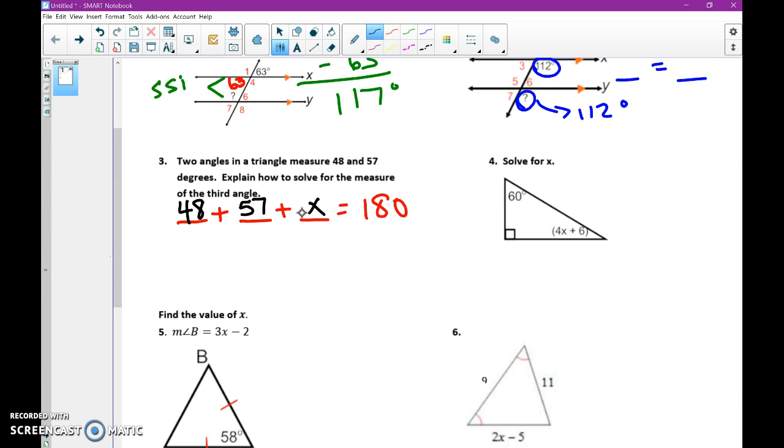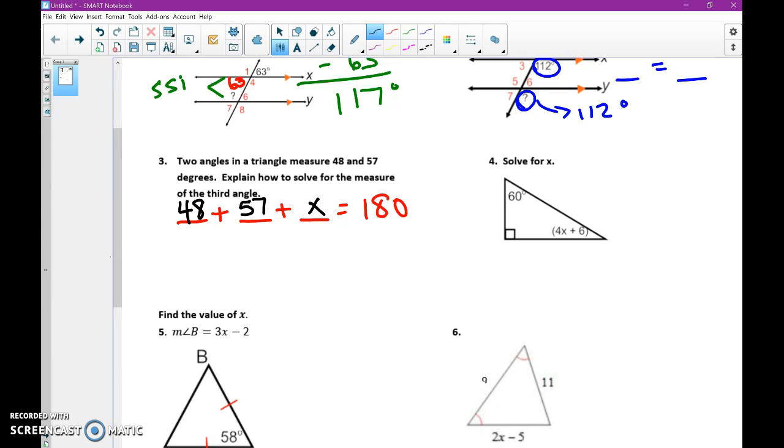I like to put it like this. This is our missing third angle. If I add these 2 together, let's see, I get 105. I'm going to just use my calculator. See, this is the weekend for me as well, so my mental math capacity is pretty low.